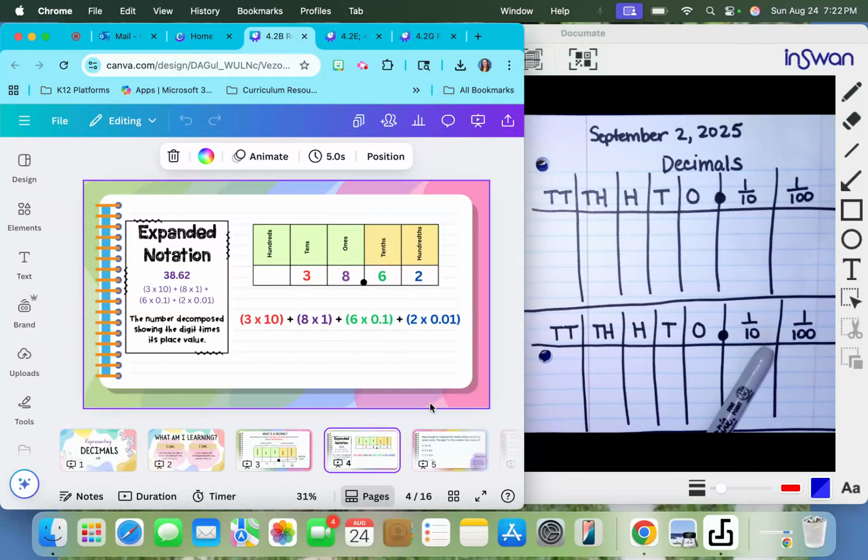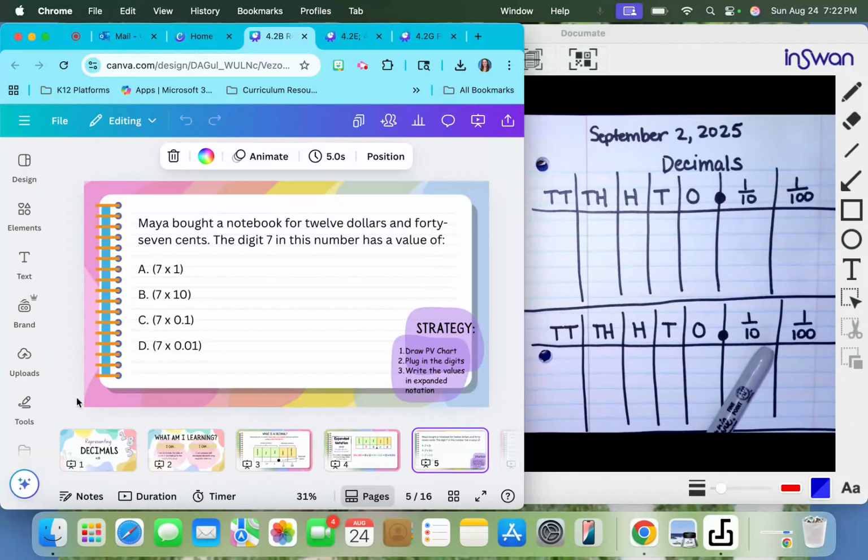So let's practice some. Taking a look here at our first problem, and you'll notice that I have my place value charts already set up and ready to go in my math journal. I set up my place value charts going to the left of the decimal, going up to the 10,000s place, because that's going to be the greatest value number that we're going to be working with today.